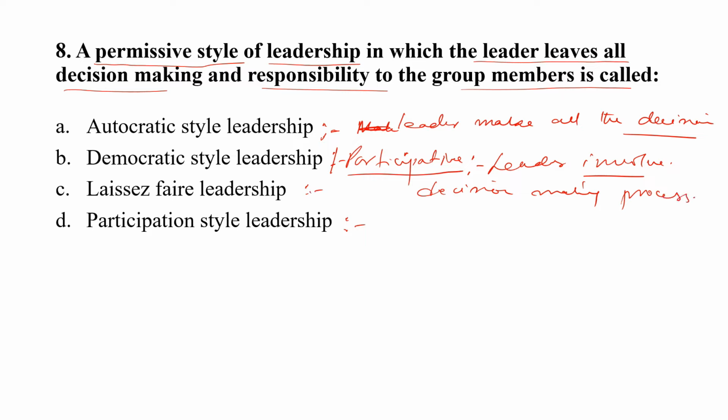And what is laissez-faire leadership? Here, the leader does not interfere in the decision making of the group. He'll leave all the responsibility to the group members. So the correct option here is option C, which is laissez-faire leadership.